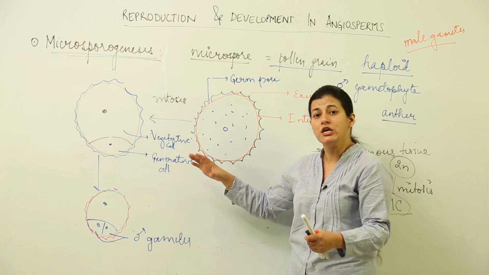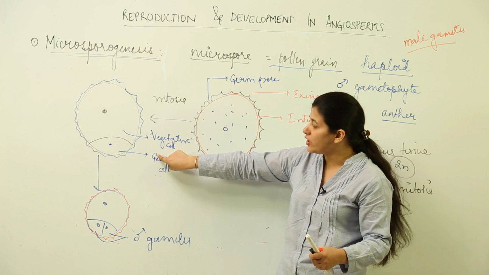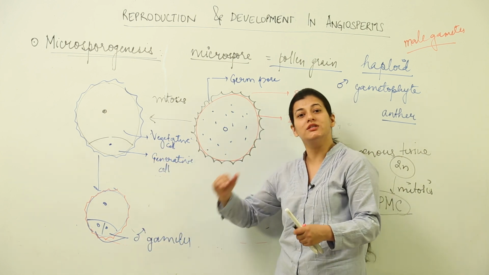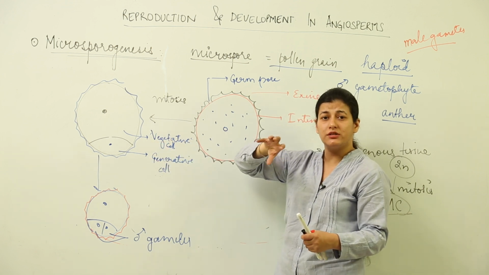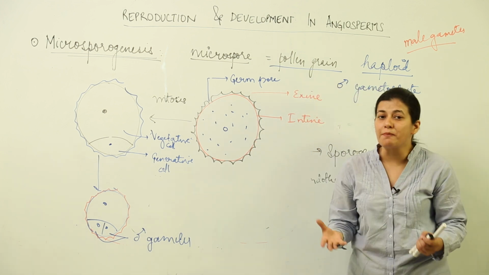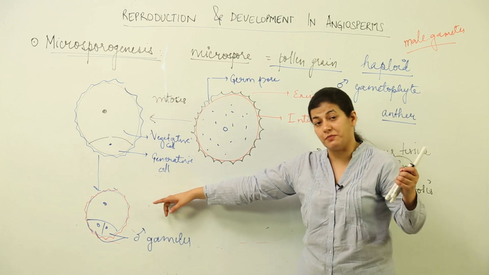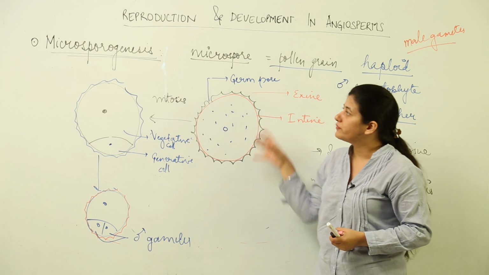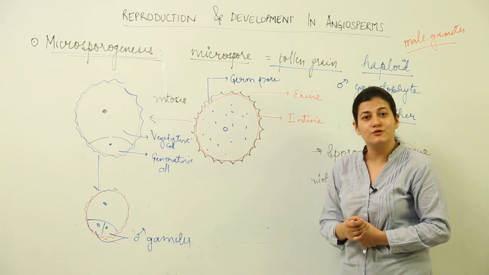When shed at this stage, the pollen germinates on the stigma. When the male gametophyte comes in contact with the female part of the flower, then this mitotic division takes place in those 40% cases where the pollens are shed at this stage. So this brings us to the end of the topic, microsporogenesis.